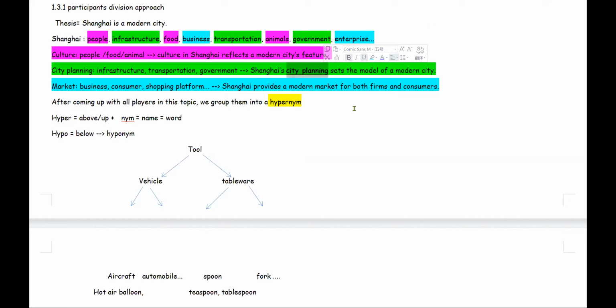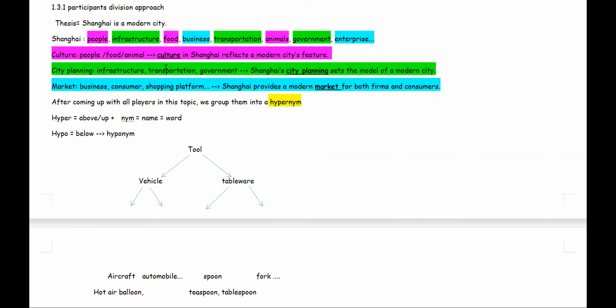All right. Argument number 2 is what? Market. Oh no, I skipped number 1 then. And number 3 in this case will be culture. So culture, later on, I can prove in what way?